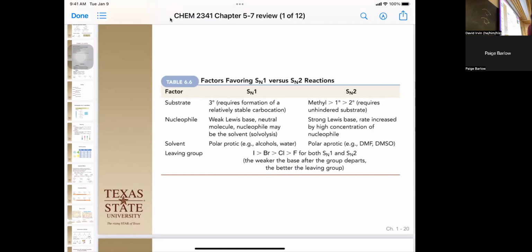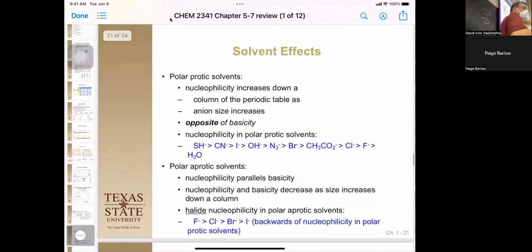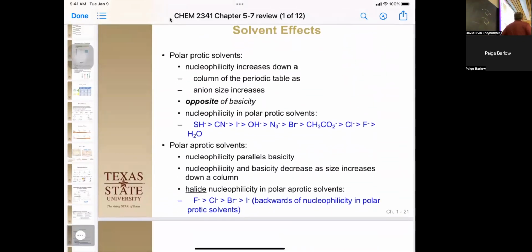When the charge is not supported, it is more nucleophilic. And then, of course, our leaving group kind of is the same no matter what. Bigger, more polarizable, the less basic, the better the leaving group. Okay, now let's again go to solvent effects again.